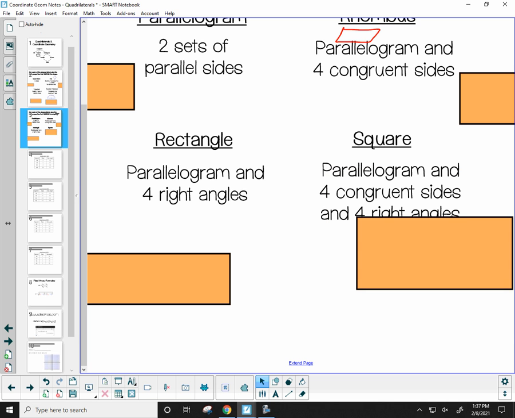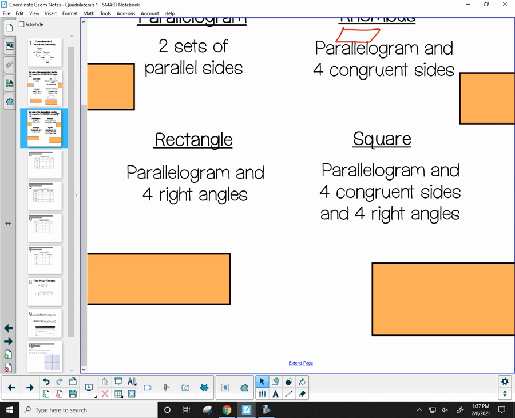All right, then finally we have a square. So a square is going to be a parallelogram, right? And it's also going to have four right angles and four congruent sides.